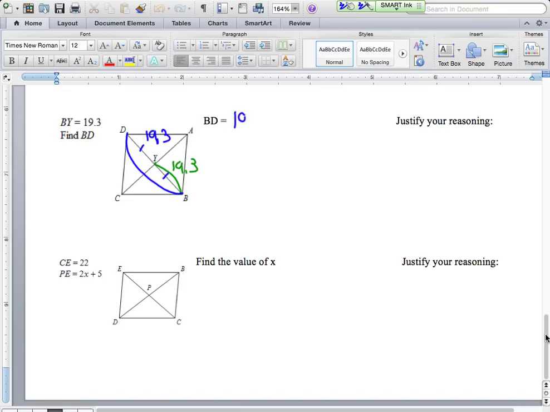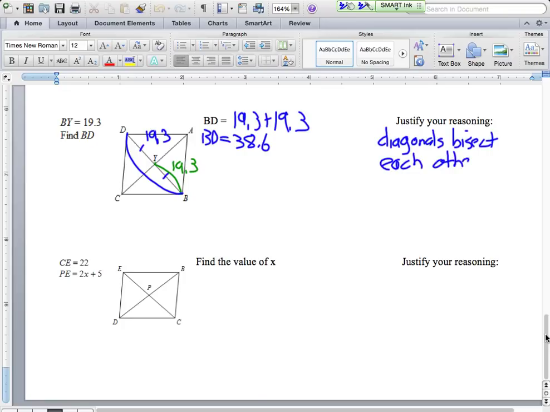So BD is just 19.3 plus 19.3, which is going to equal 38.6. And how do we know that? We can say diagonals bisect each other. Alright, so that's all we have to do for that one.